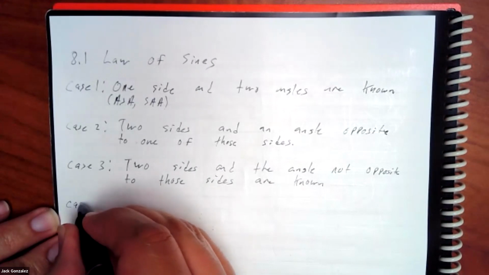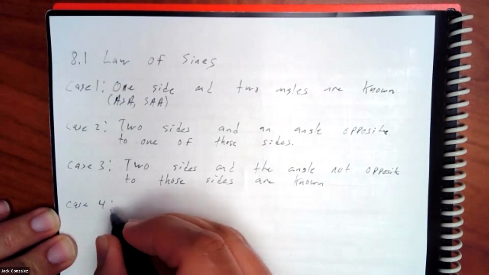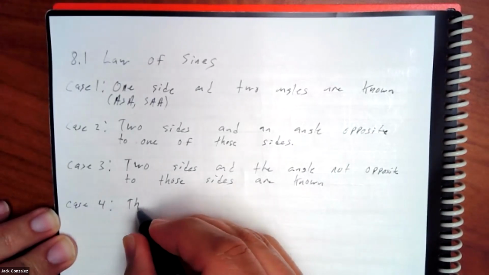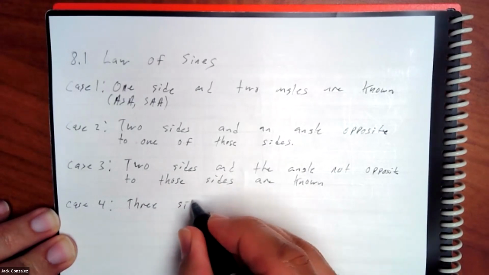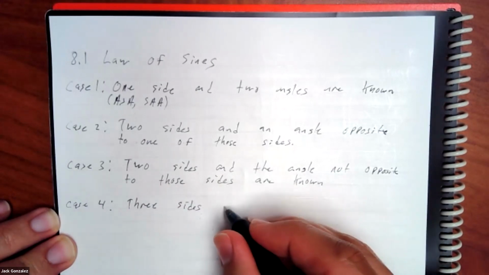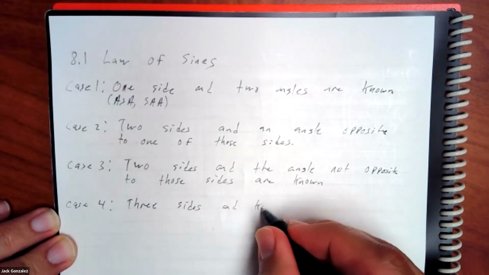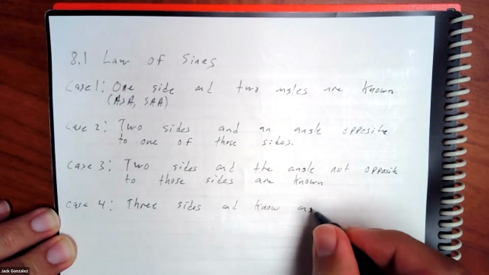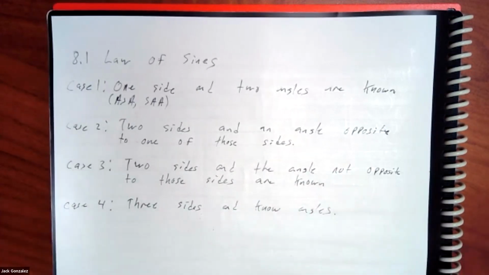Case 4. They give you 3 sides and no angles. So chapter 8.1, 2, and maybe 3 are just about solving triangles.